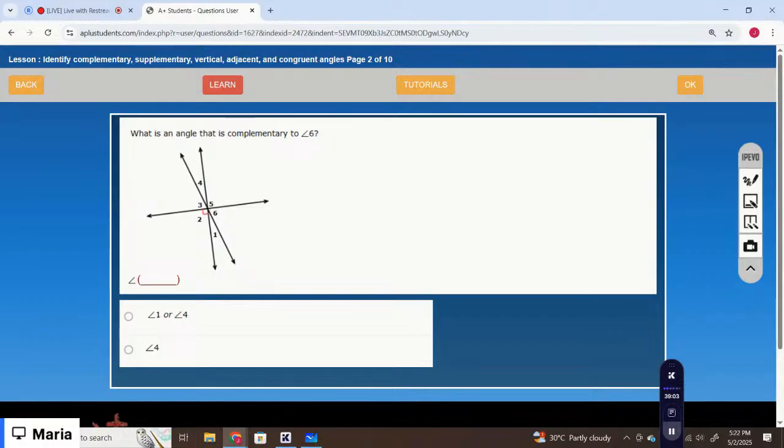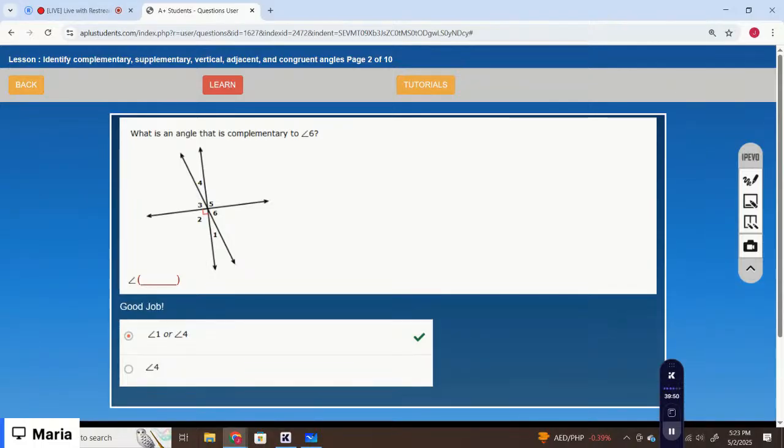So the angle complementary to angle 6 is angle 1 or angle 4. Basically, that is just angle 1, not angle 6.